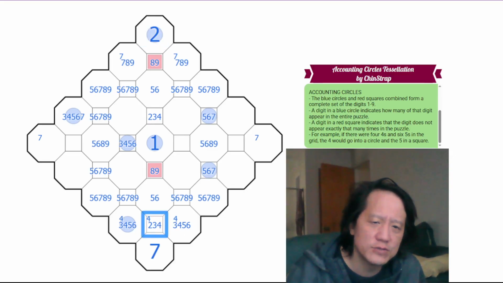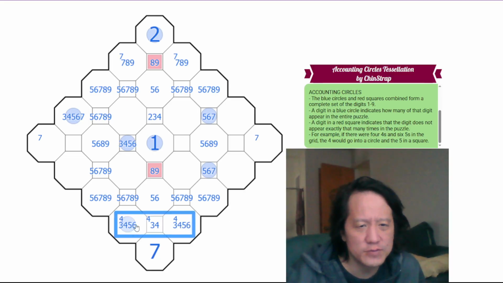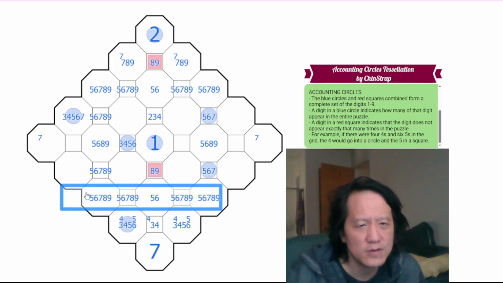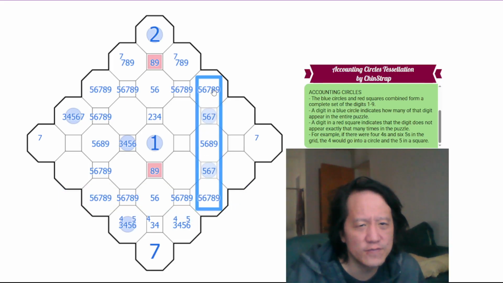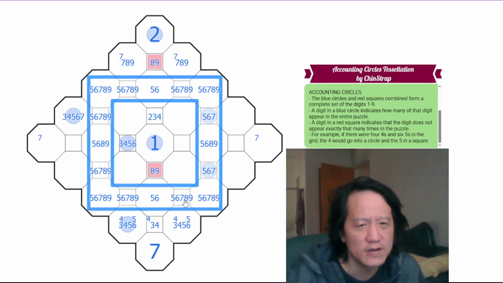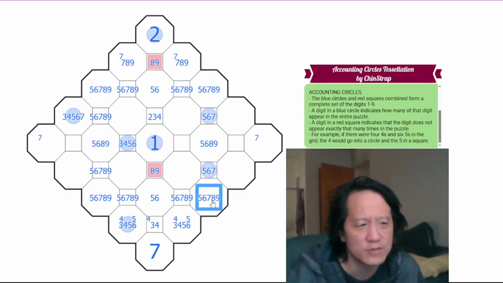So this couldn't be 2 here. One of these would be 3. No, it doesn't have to be 3. It has to be 5. 4 and 5 here, and 5 cannot be here. This is 5, 5, 5, 5, but you could have 2 5s here.